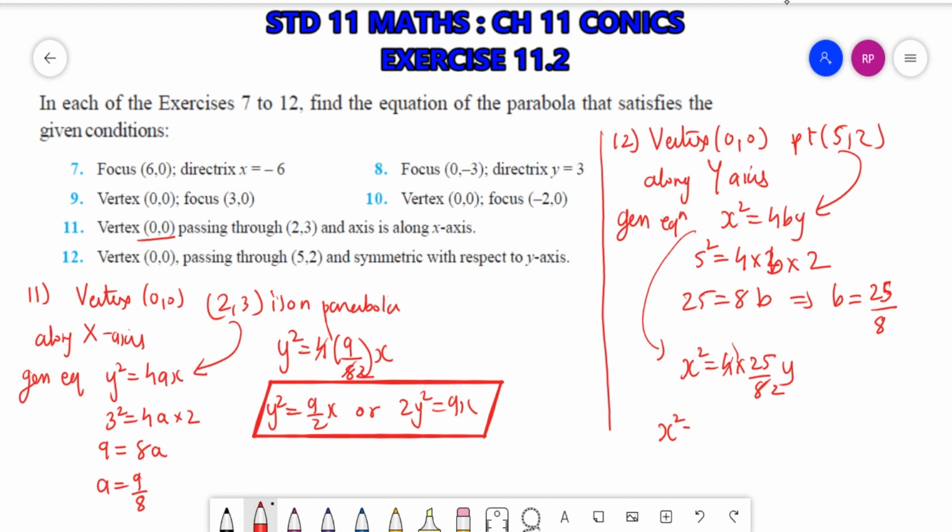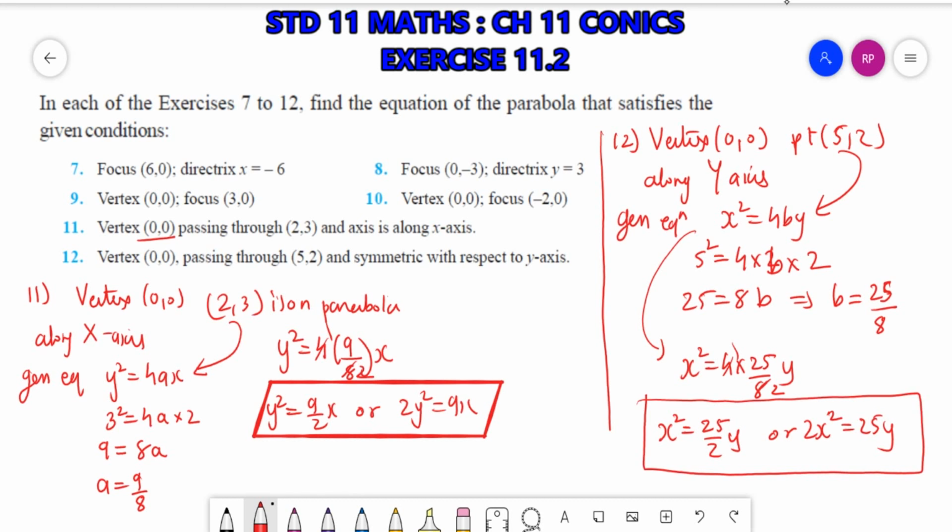So x square is equal to 25 by 2 y, or 2x square equal to 25y. So this is the equation of the parabola with vertex (0, 0) and point (5, 2). So this was about question numbers 11 and 12. Just note it down.